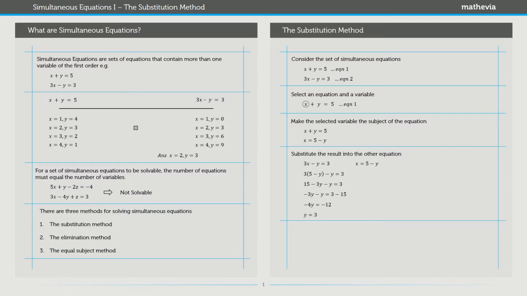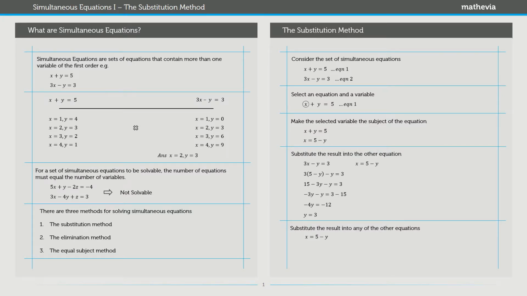So we have arrived at a value for y. So y equals 3. How do we find x? To find x, we substitute the result, y equals 3, into any of the other equations. We're going to use x equals 5 minus y, which is just equation 1 rearranged.